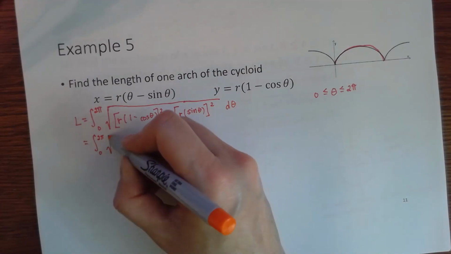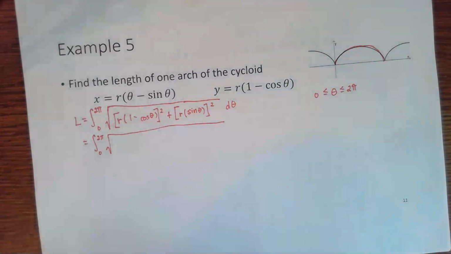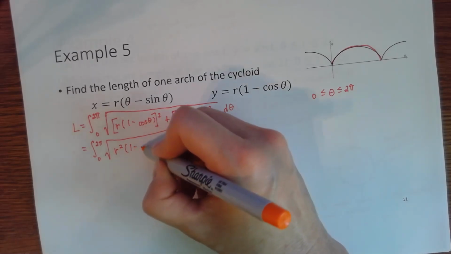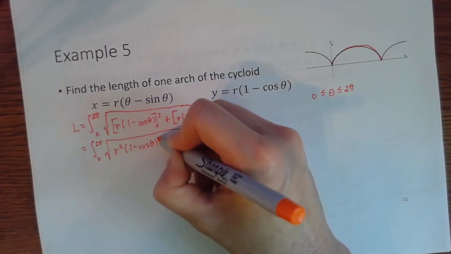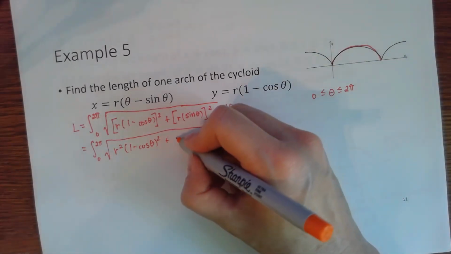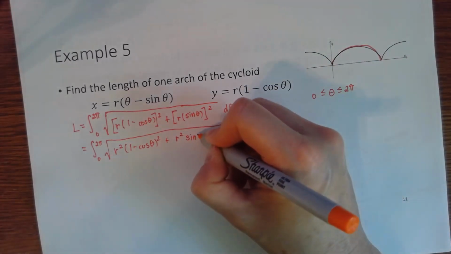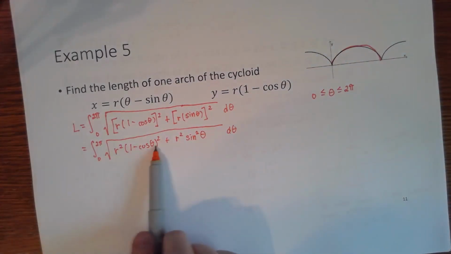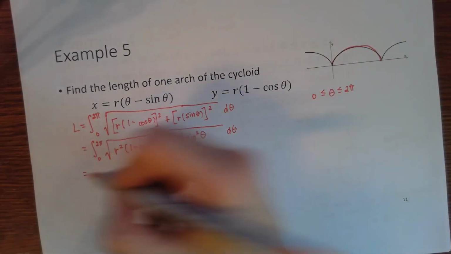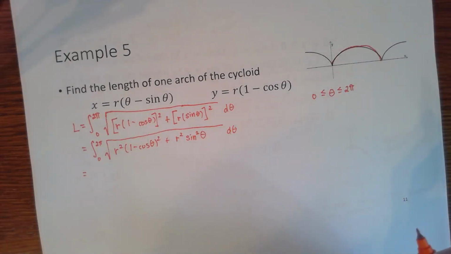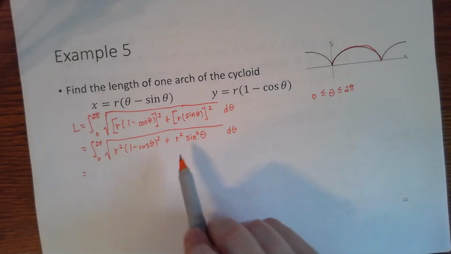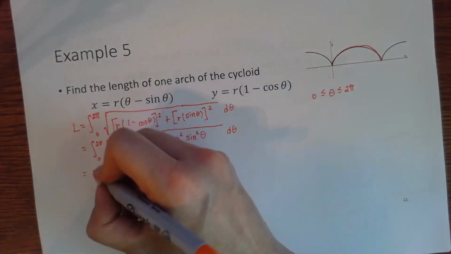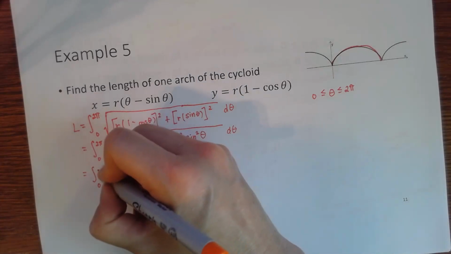All right, so let's simplify this a little bit. We're going to have r squared times 1 minus cosine theta squared plus r squared sine squared. Let's go ahead and multiply that out, and let's also factor out an r squared.